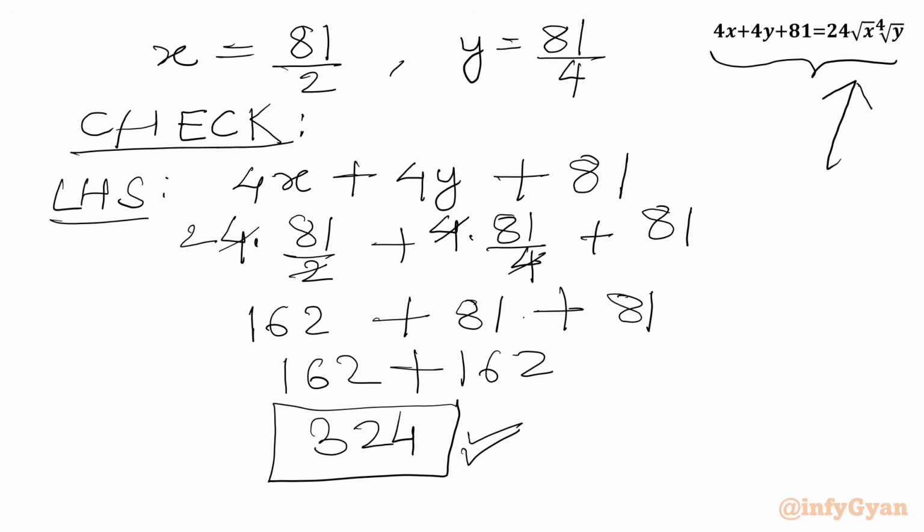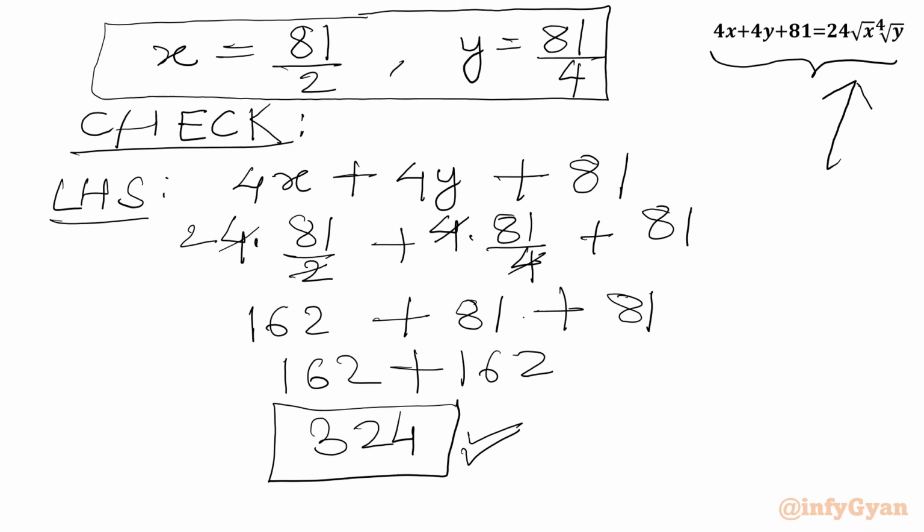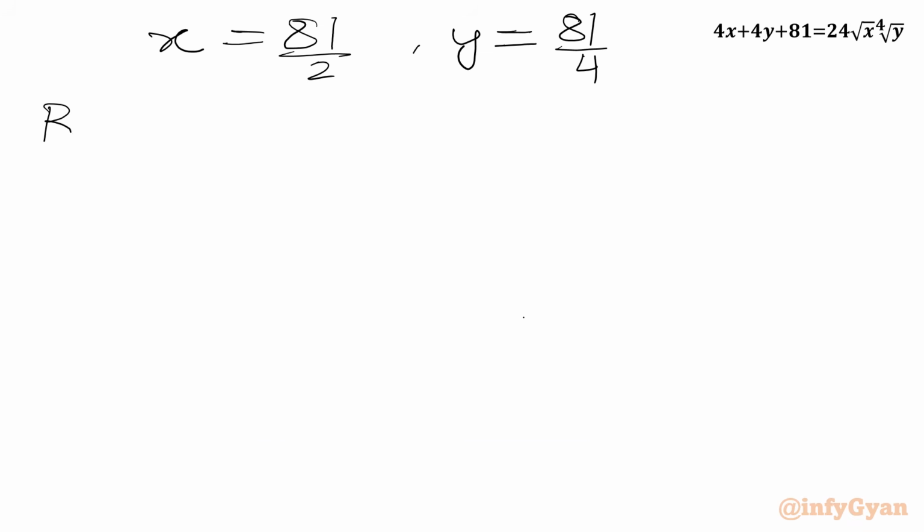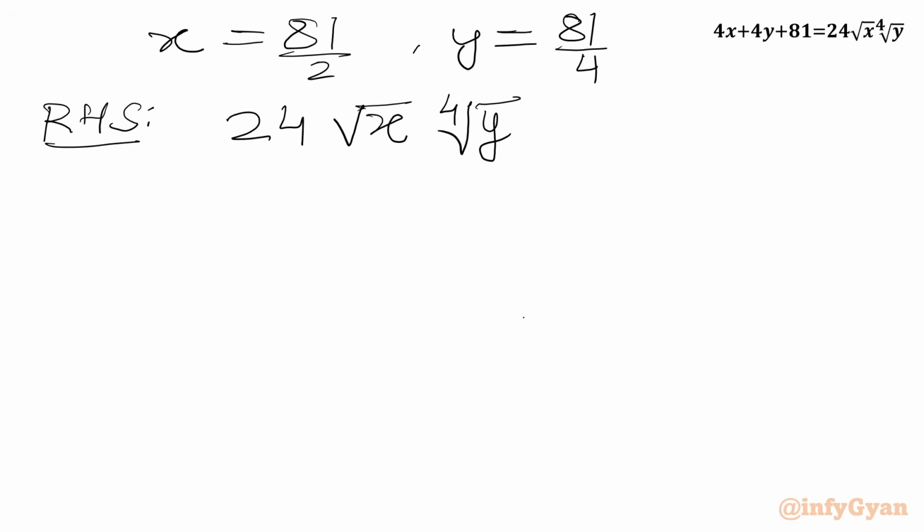It should be equal to 324 if our solutions, 81 over 2 and 81 over 4, are true. Let's check RHS. So we will write x equal to 81 over 2, y equal to 81 over 4. RHS will be equal to 24 times square root x, 4th root y. 24 times square root of x is 81 over 2.